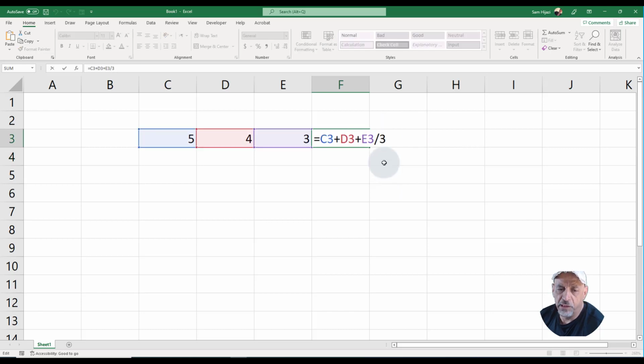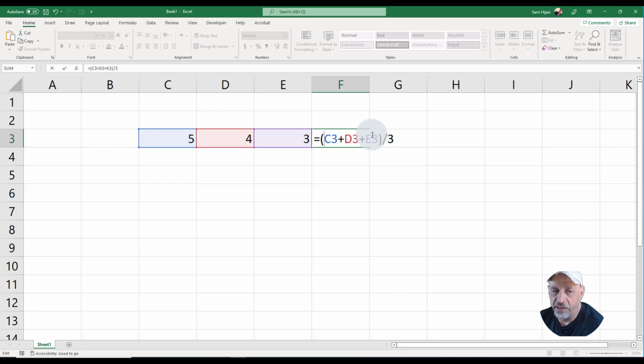How do we calculate the right answer? In order for me to find an average, if I don't use the AVERAGE function in Excel, then I have to add first, which is emphasized by putting parentheses around the addition, which raises the priority of the addition above the division.